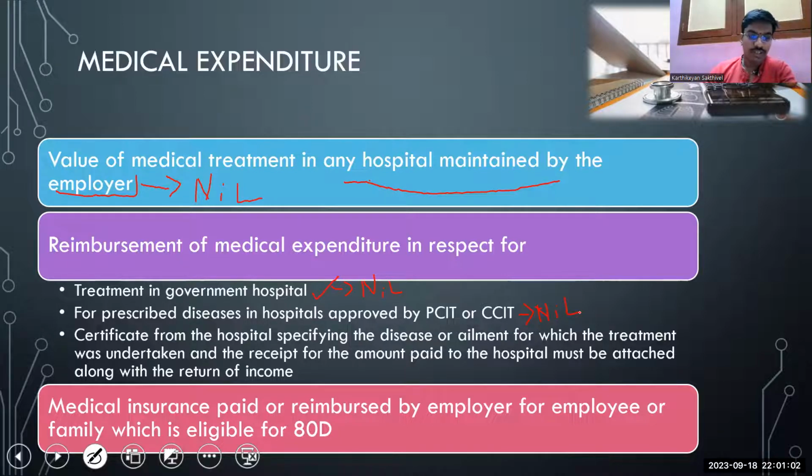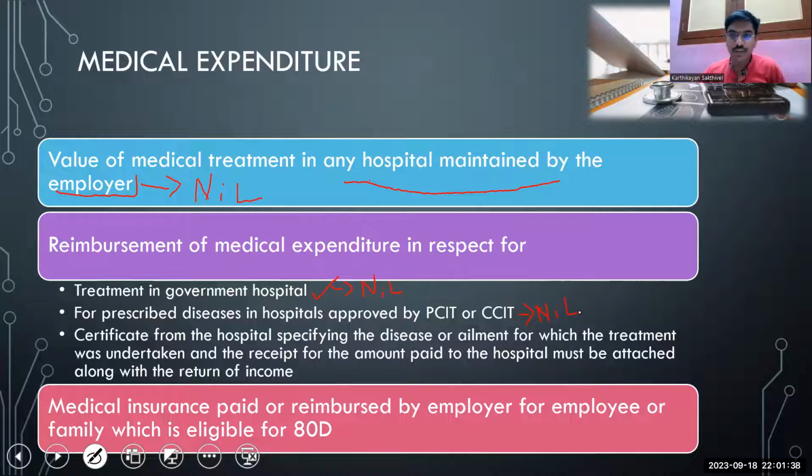If you are going to get yourself treated for a prescribed disease in a hospital approved by a principal commissioner or chief commissioner, the value taxable is nil. அப்ப மீதி எல்லா கேஸ்லயும் whatever medical expenditure is reimbursed by the employer is taxable. Okay, ma'am. Clear? Or should I put it again? The last point.